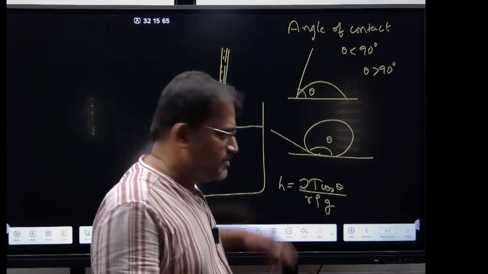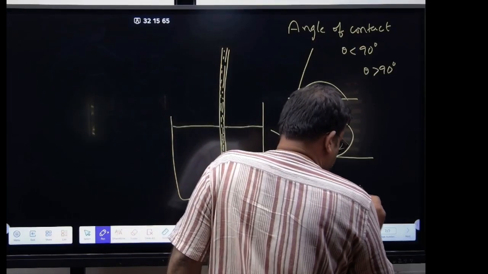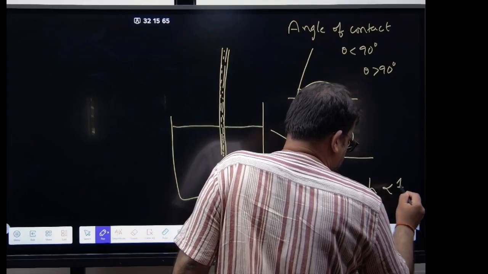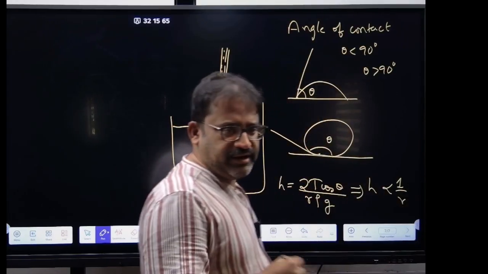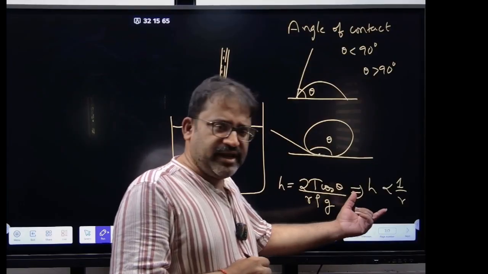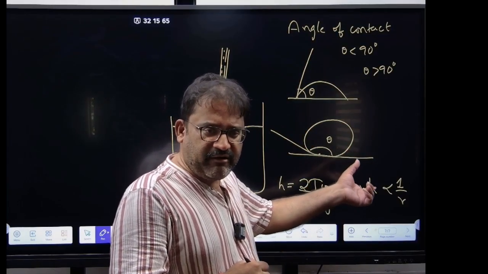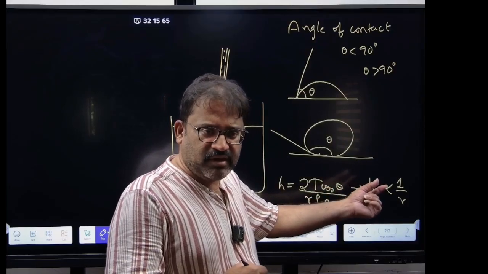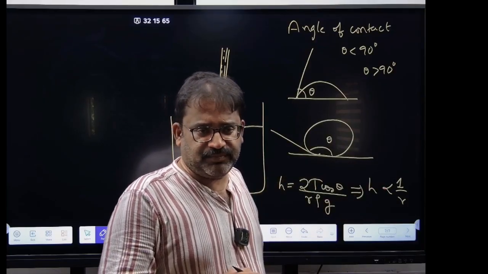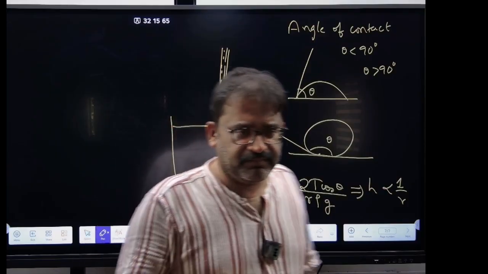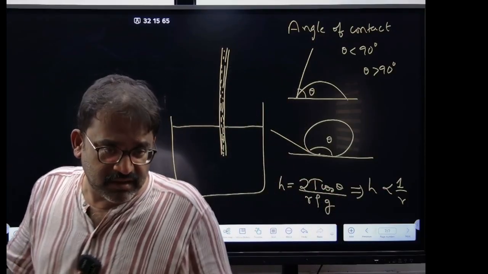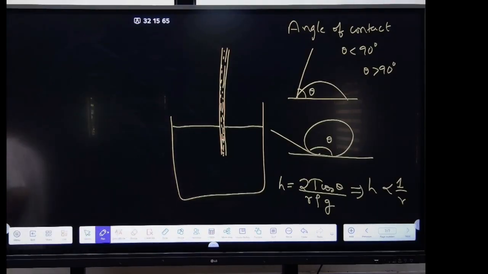That means height is inversely proportional to radius. More the radius, less the capillary rise, less the radius, more the capillary rise. So the right option is option 3. Correct? Very good. Shabash.